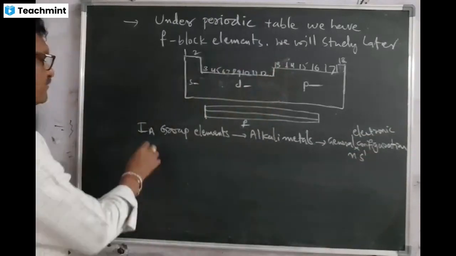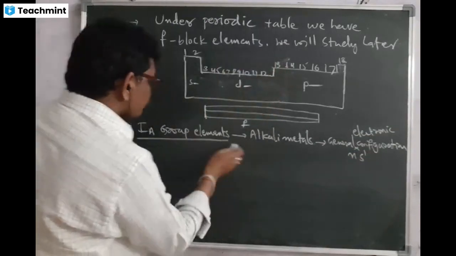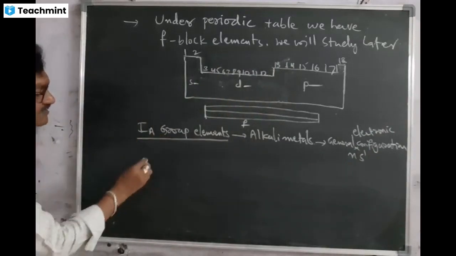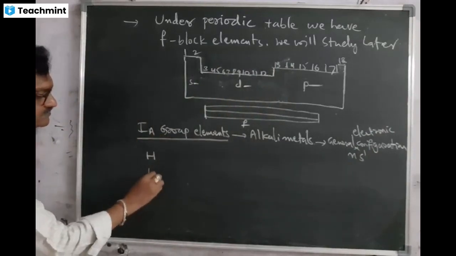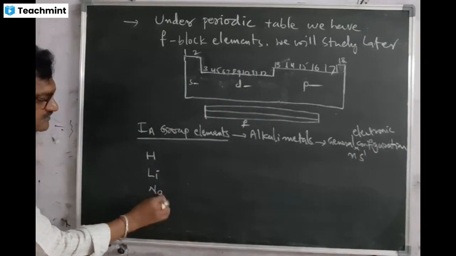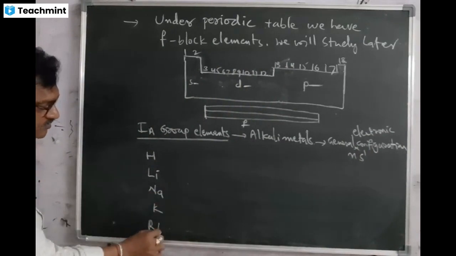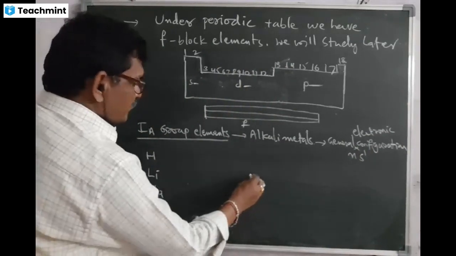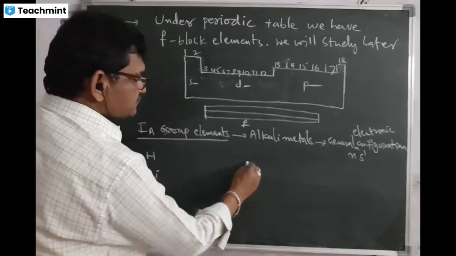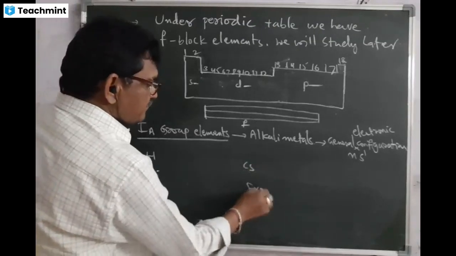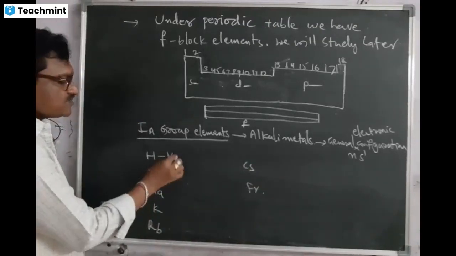See, what are the first A group elements? Hydrogen, lithium, sodium, potassium, rubidium, and also cesium, francium. So you write down the names also.